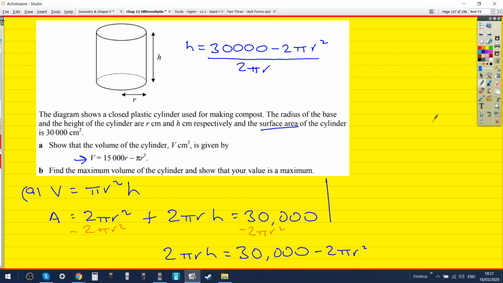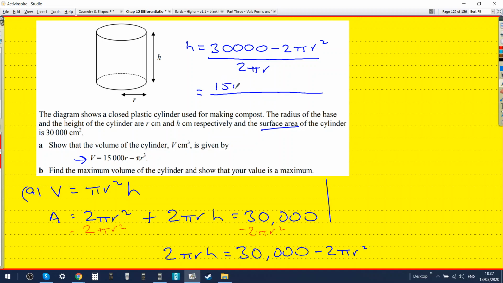Okay, what's next? We divide it by 2, simplify it. Sure. So 15,000 minus pi r over 2 pi.